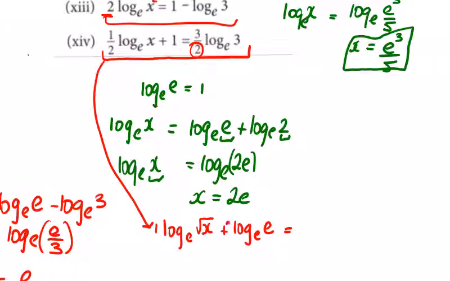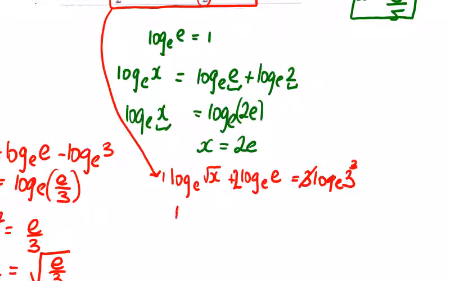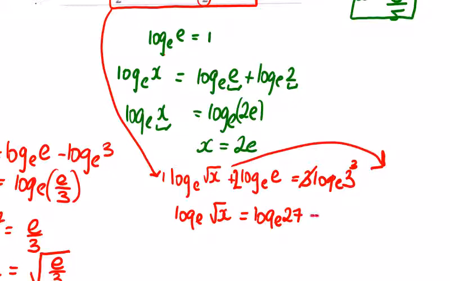So the 2 will go here, and we'll get rid of the 2 on this side. 3 times log to the base e of 3. We can put that 3 up there to make it a 3 cubed. So we're going to get log to the base e, we'll isolate x on this side, this is equal to log to the base e of 27 minus log to the base e, and we bring the 2 up and make it e squared. So the right hand side becomes log to the base e of 27 over e squared.